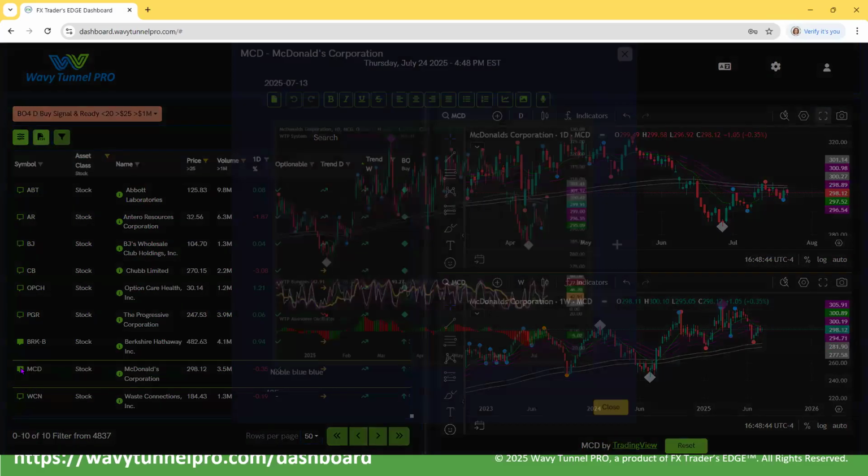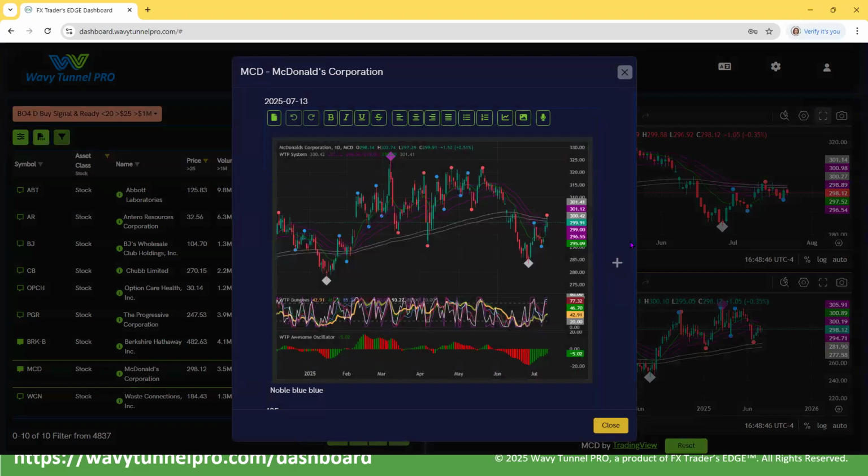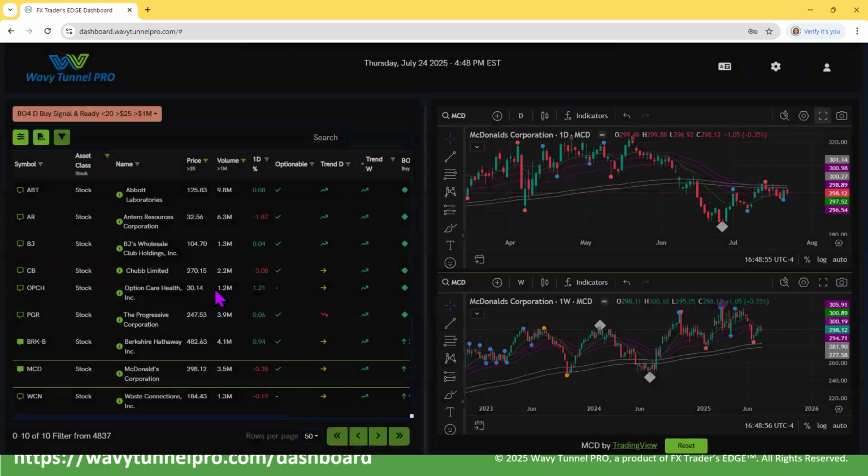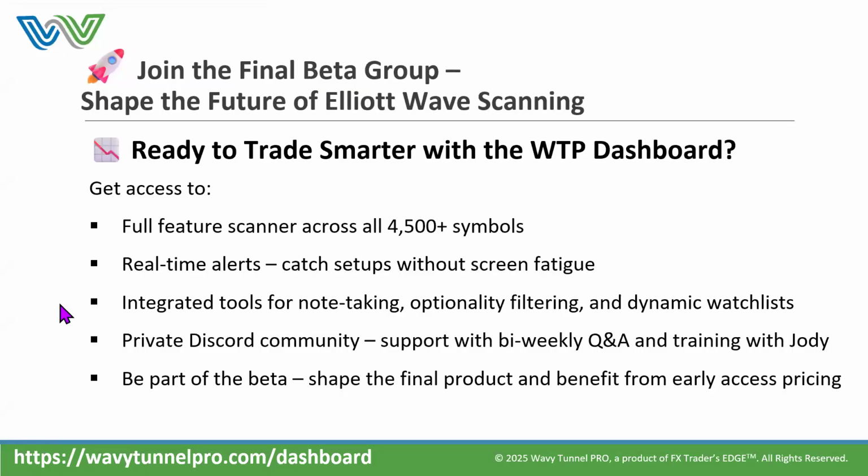So let's see when I did this. Yeah, okay, so I did it when it was up here. Anyway, this is a great way to document your trades, to document what you're looking for. That's the note-taking capability of the dashboard.